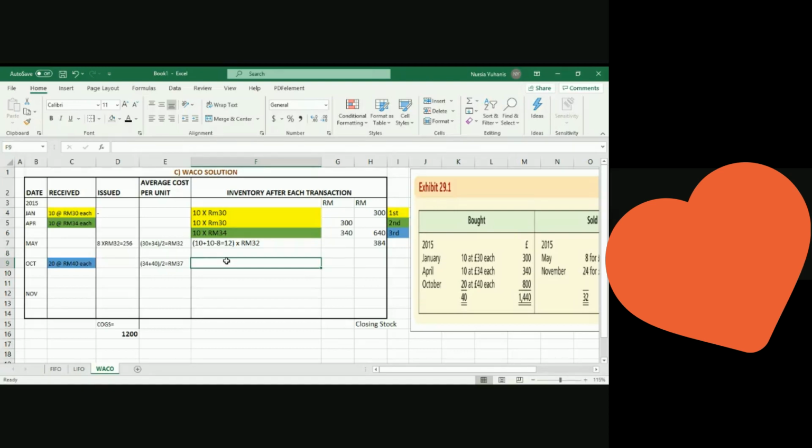Yes. How do you get 32? 12 plus 20 equals 32. So you need to multiply with the new average price, 37. How much? 1184. Yes, 1184. Okay, question?